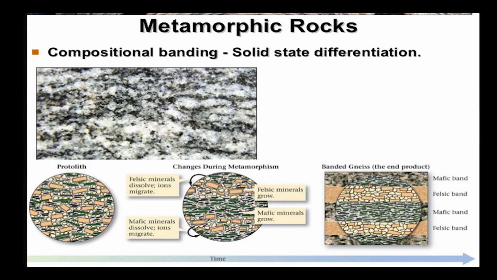When looking at layered rocks in the lab or in the field, be certain not to mistake gneissic banding for layering in sedimentary rocks. These are two very different processes and textures.